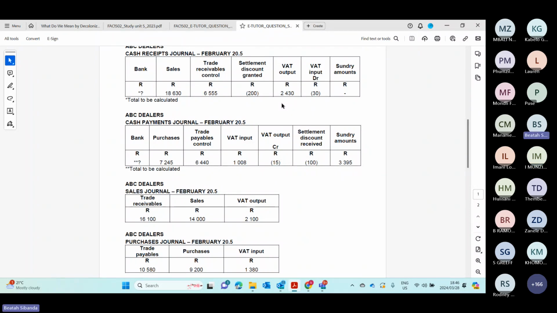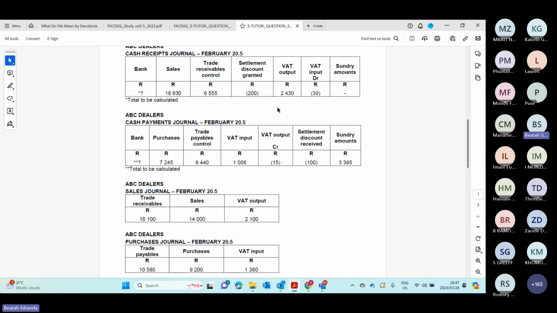It's 15%. So, how do we calculate VAT in general? VAT is levied at 15% on the goods and services that you buy or sell. We have a situation where an amount includes VAT, and a situation where an amount excludes VAT.